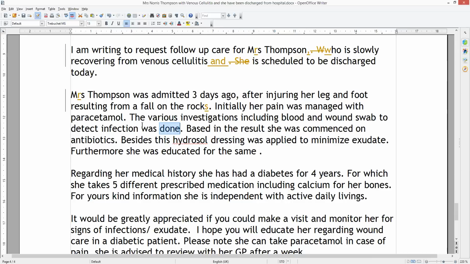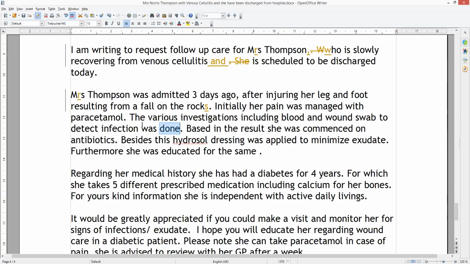She was initially tested with a blood and wound swab. Based on the result, she was commenced on antibiotics and her pain was managed with paracetamol. Now, I would put that in the same sentence because you're connecting, you're putting the same kind of pieces of information together. You know, so she was given antibiotics and she was given paracetamol.